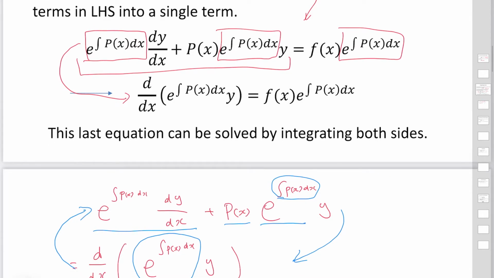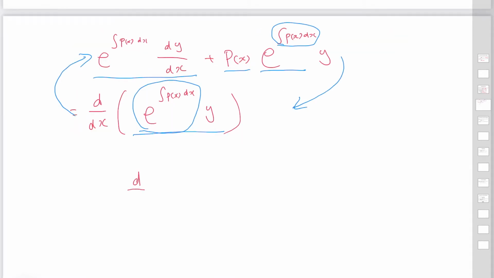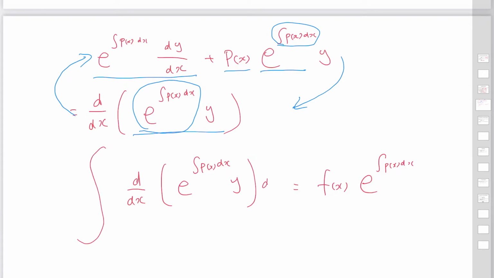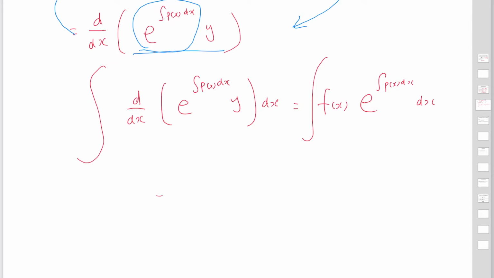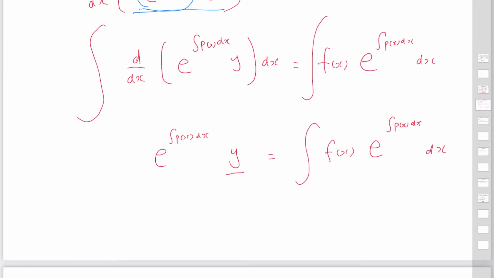Once we obtain this equation, d/dx of e to the integral of p dx times y equals f of x times e to the integral of p dx, we can perform the integral on both sides. Then the left-hand side becomes e to the integral of p dx times y equals the integral, and then we can find y.